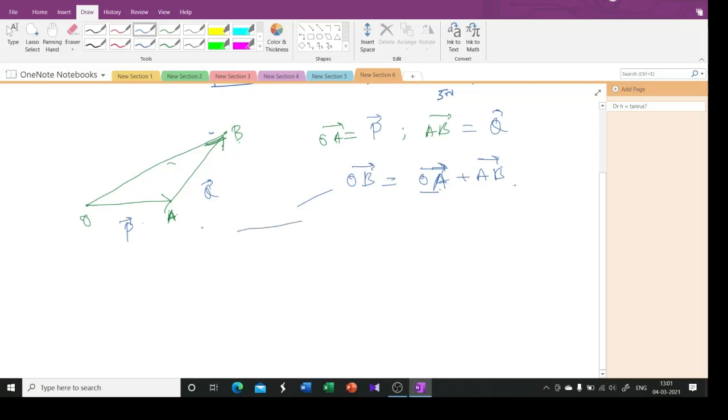All right. So now we need to find the magnitude of OB.